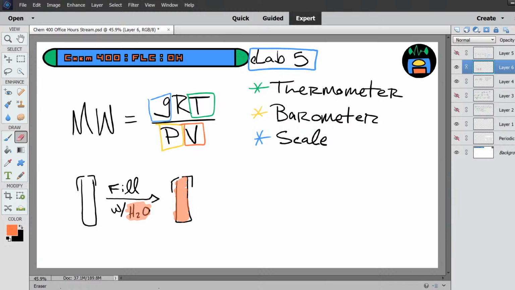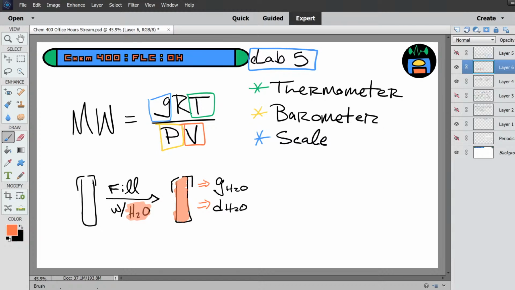And then what you do is you measure, you record the grams of water and you look up the density of water.